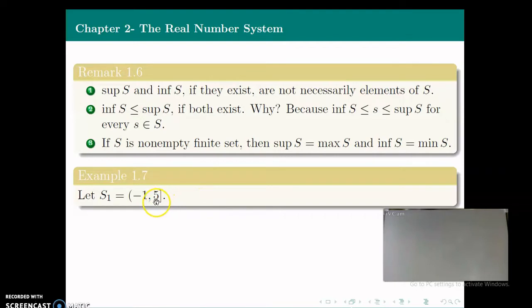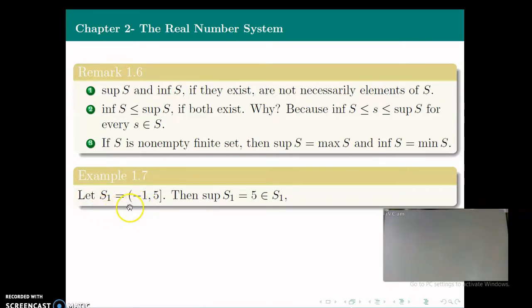Therefore, the supremum is 5. Then for the infimum, the lower bounds are values less than or equal to the elements in the set.